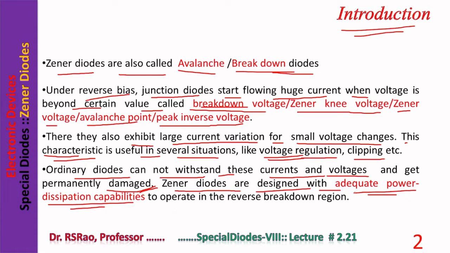So they can withstand high voltages and currents. They also have the capability of high power dissipation. So we can operate them in the reverse breakdown region.